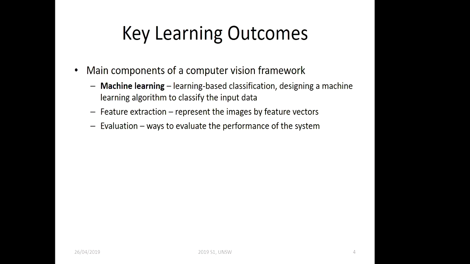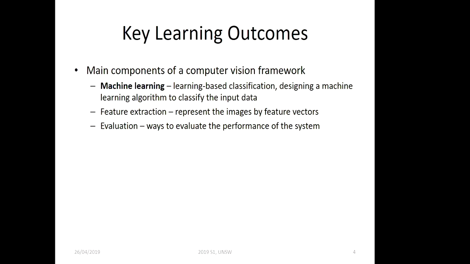In this lecture, I will cover some overall introduction about the main components of a computer vision framework. There are lots of ways of doing computer vision, but if you consider a subfield of AI, I think most of you are very interested in deep learning. Machine learning is the superset of deep learning, and that will be the most important component in a computer vision application.